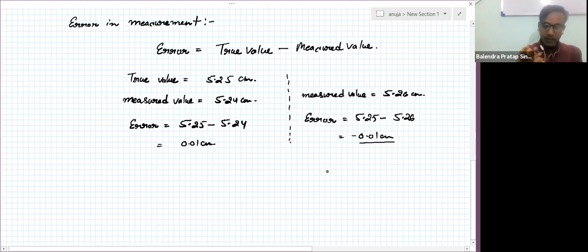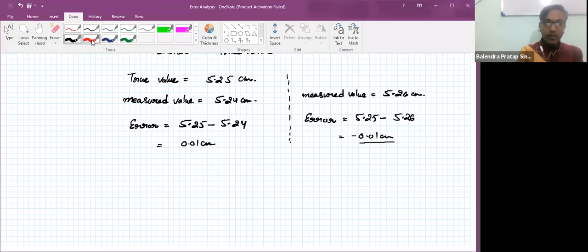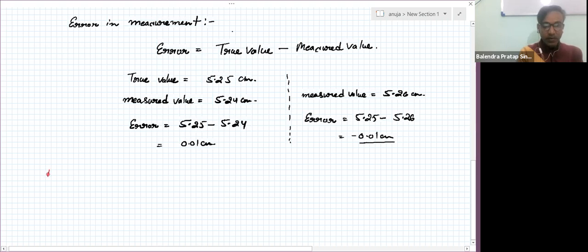So now this is all about error in measurement. Now the very important part of this topic is what is absolute error, what is relative error, and what is percentage error, and how to find these errors. Okay, so next part which I'm going to discuss: write down heading absolute error, and relative error, and percentage error.